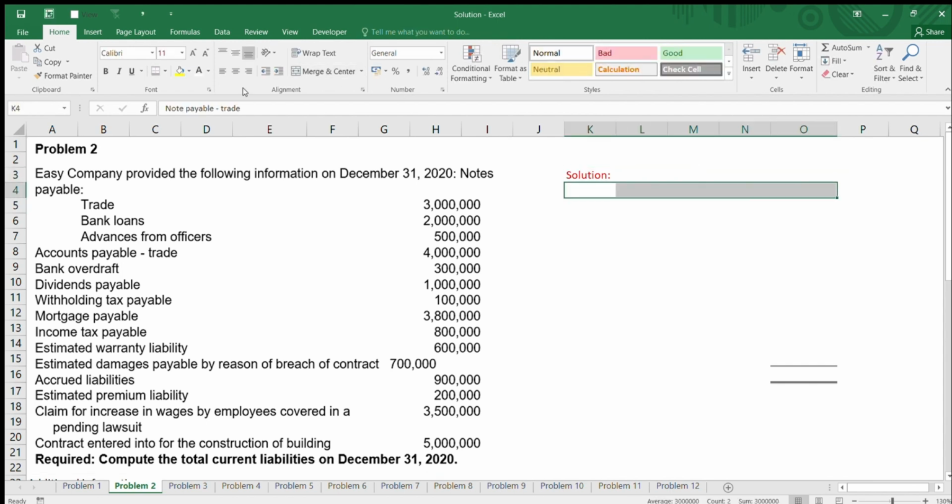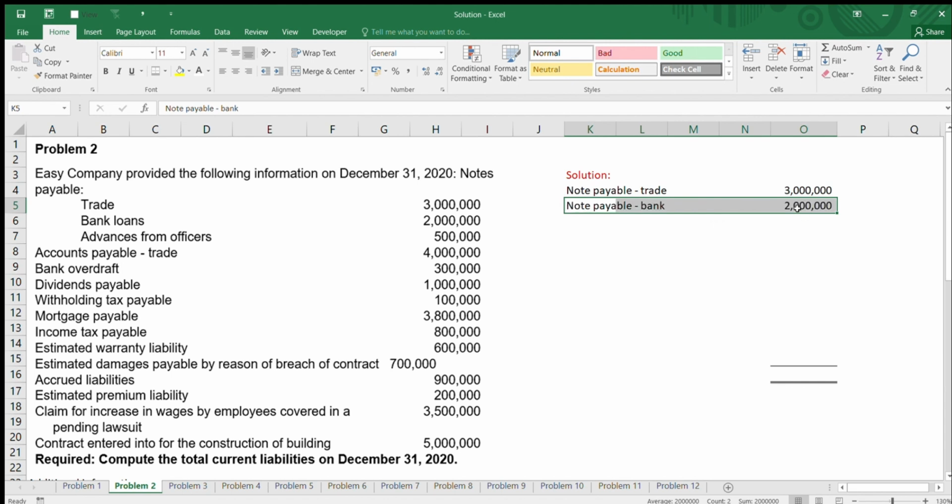Next, bank loans. For the bank loans, there is no date written, right? There is no date written. So, generally, that is within 1 year. So, we will just put it as part of current liability, because it is within 1 year only. Next, okay.